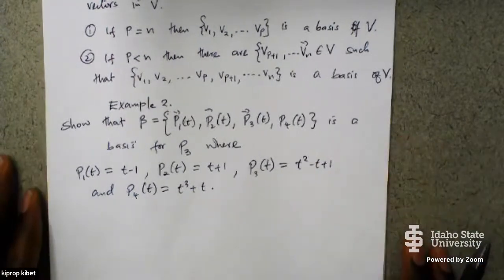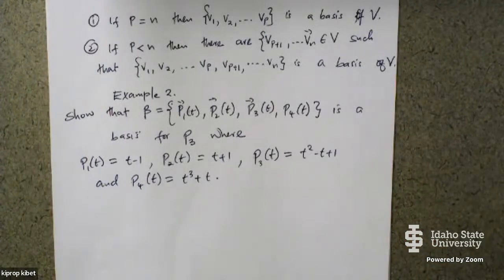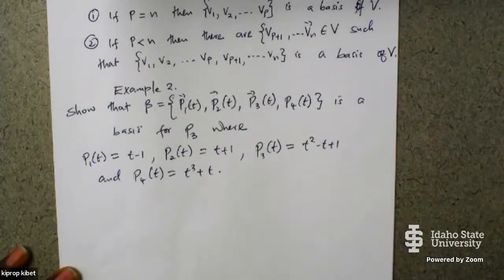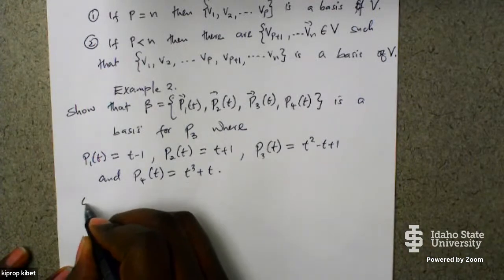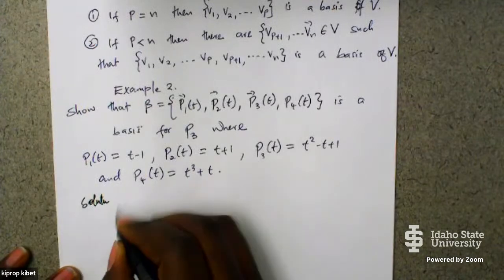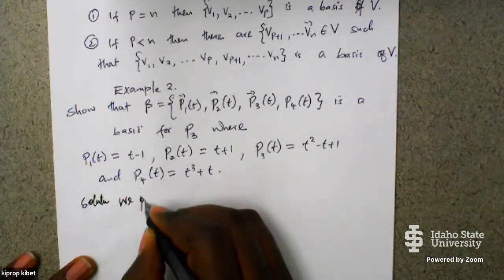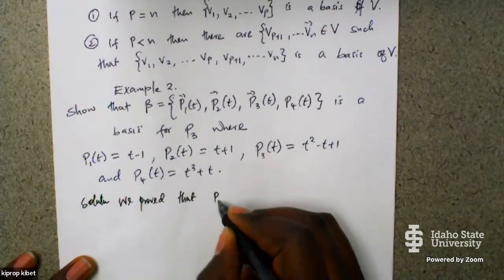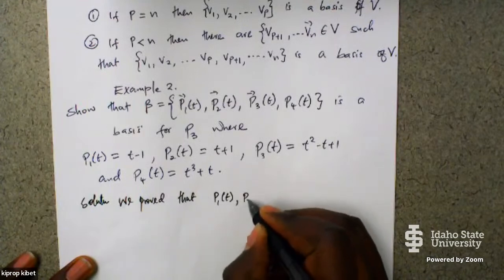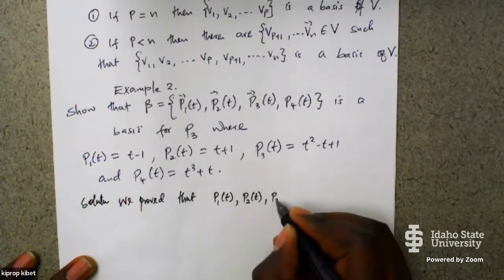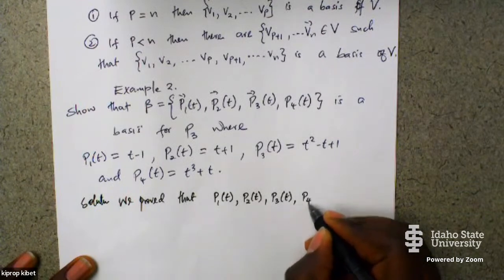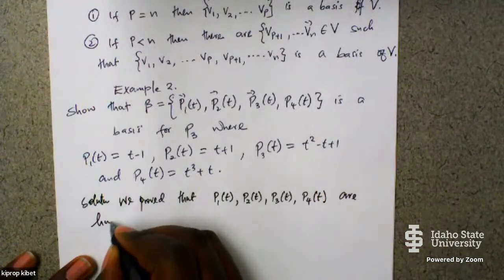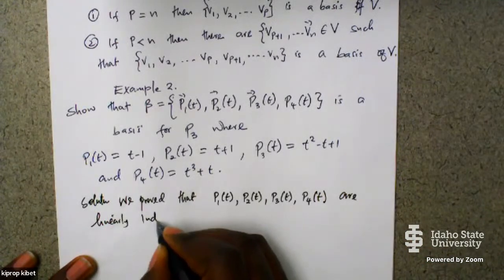So this is actually an example that we did previously, and so we proved that P1 of T, P2 of T, P3 of T, and P4 of T are linearly independent.